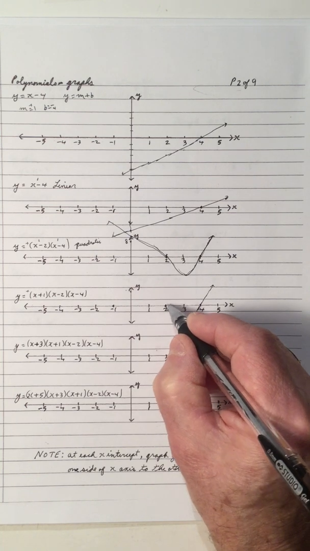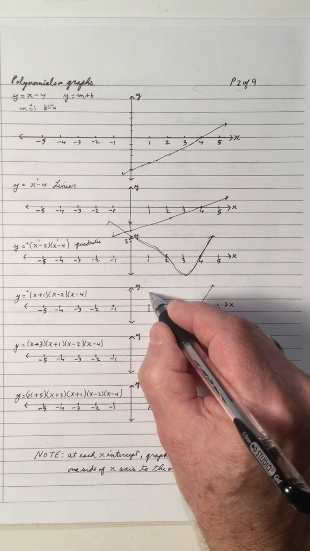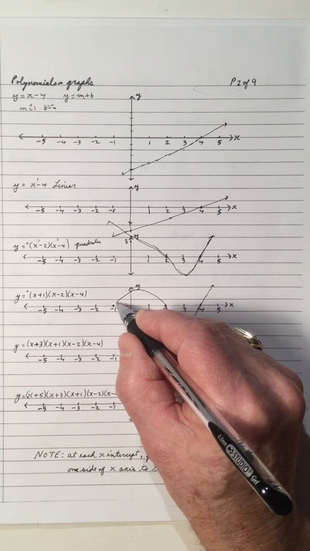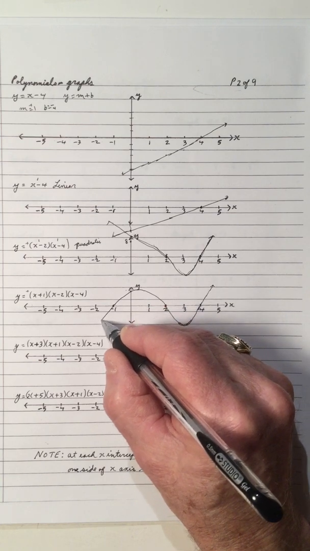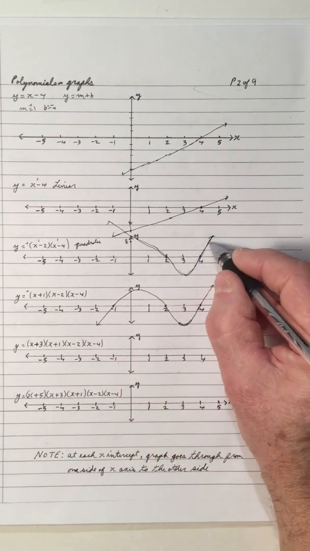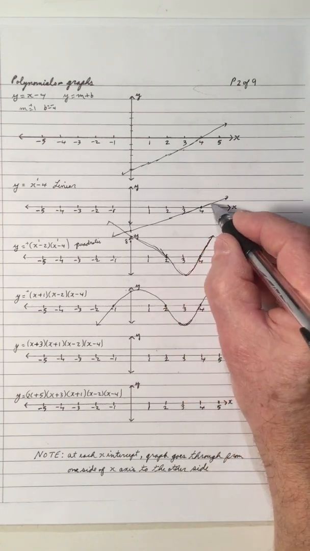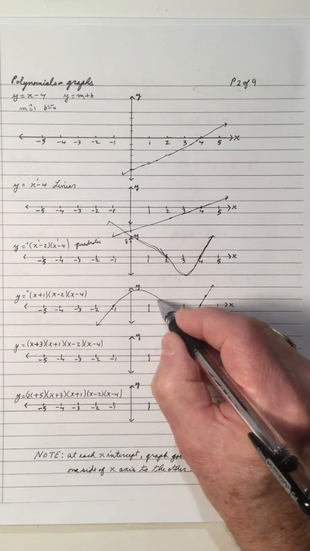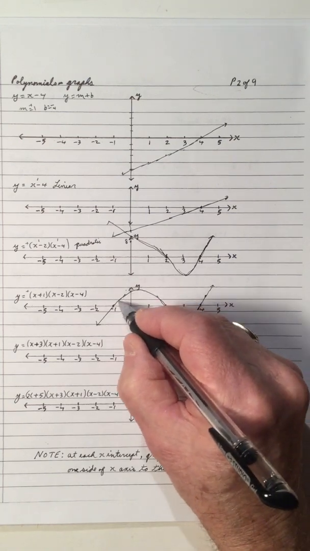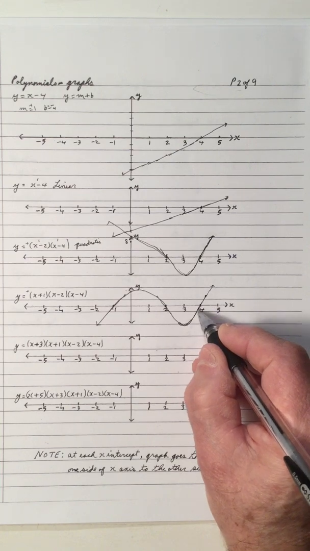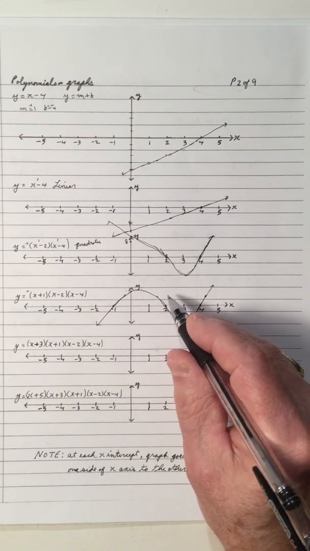It goes up through and keeps going up until it hits the 8, and then it starts to come down. At -1 it goes on through. Notice that at each intercept it's acting like a line going through. And if it goes through one x-intercept, it has to go through the other, so it has to bend and come around.